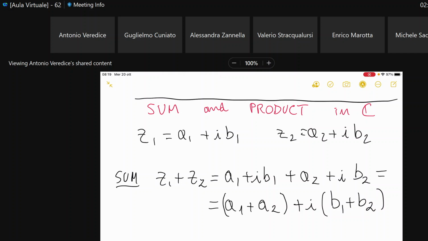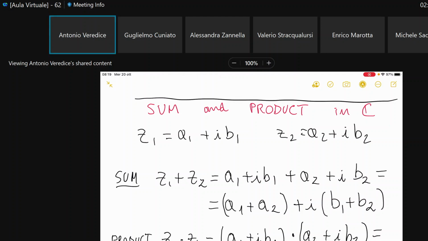It's very straightforward. Even for the product, we just have to compute the product of two algebraic expressions like a1 plus i b1 times a2 plus i b2.